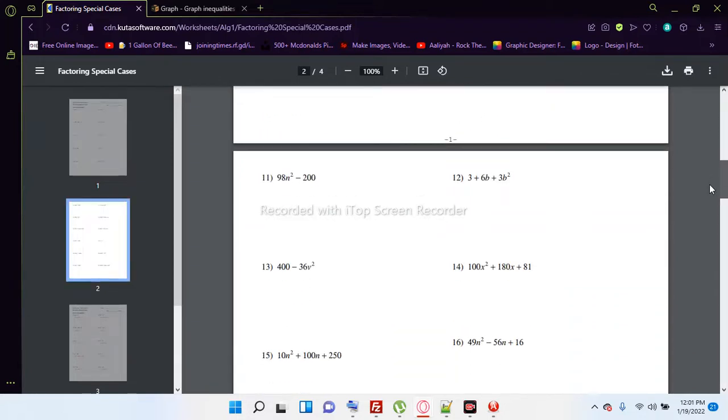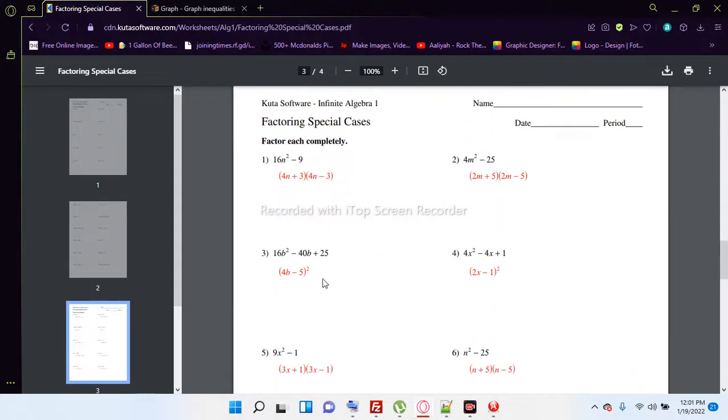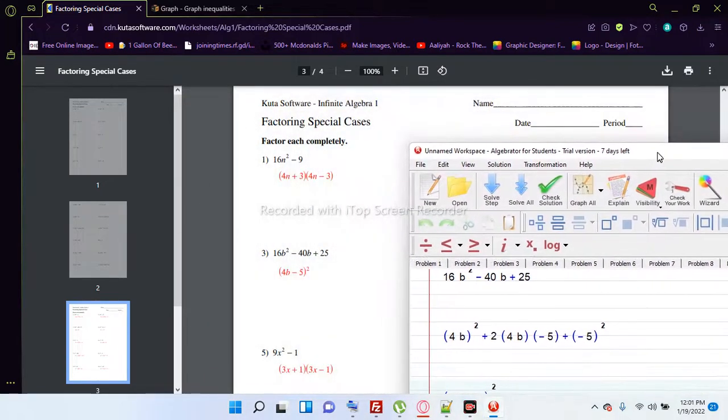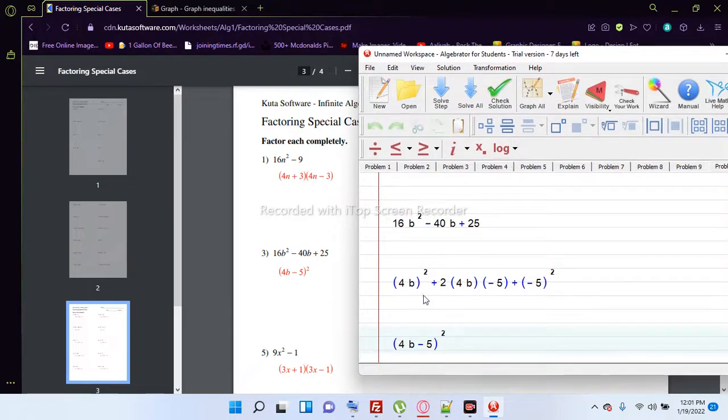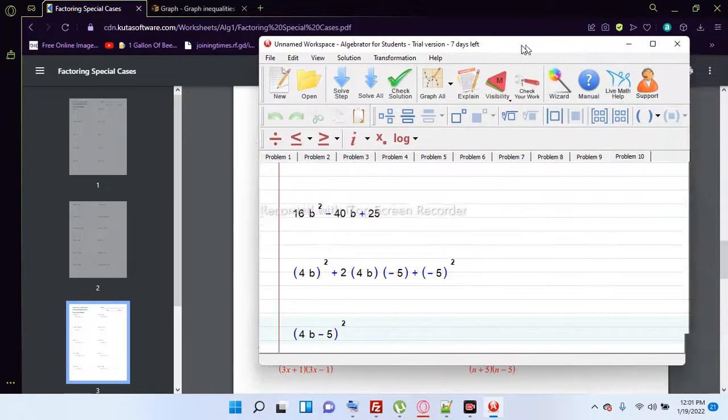So we go down, and it says 1, 2, number 3, 16b to be 4b minus 5 squared. In the Algebrator, 4b minus 5 squared. There goes the answer. 4b minus 5 squared. Ain't that something? And you got all of it there, sitting on the page, waiting for you. Just for you.